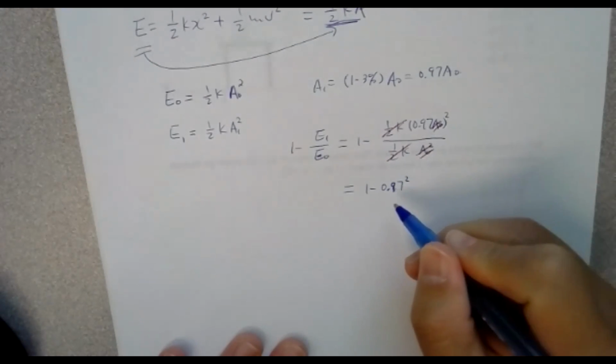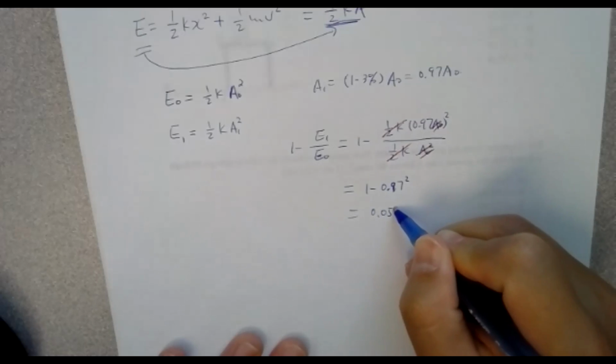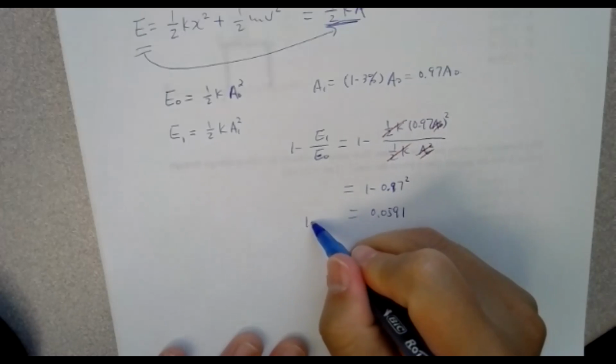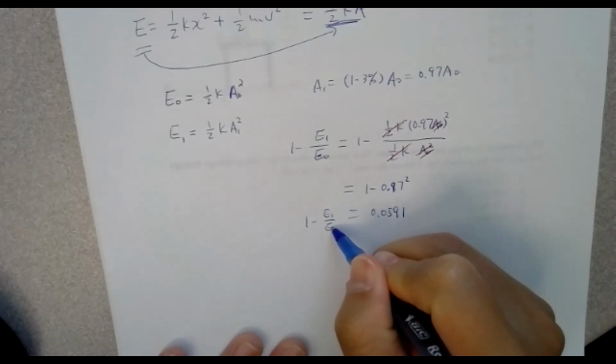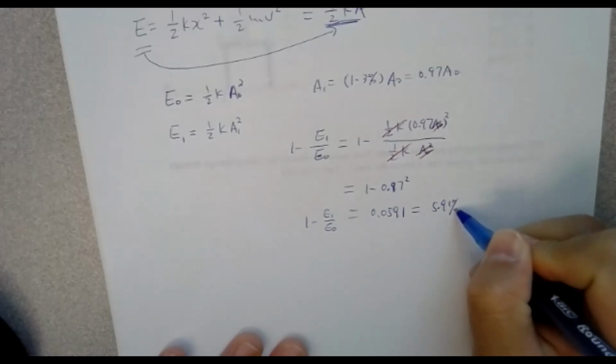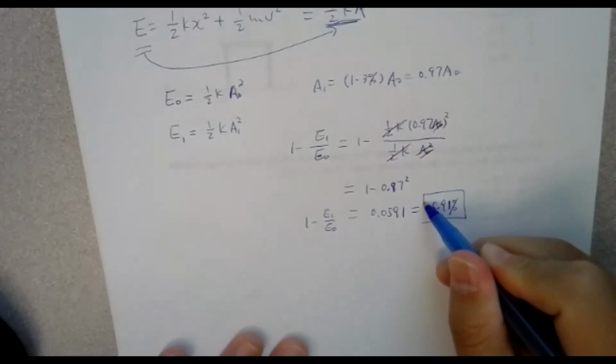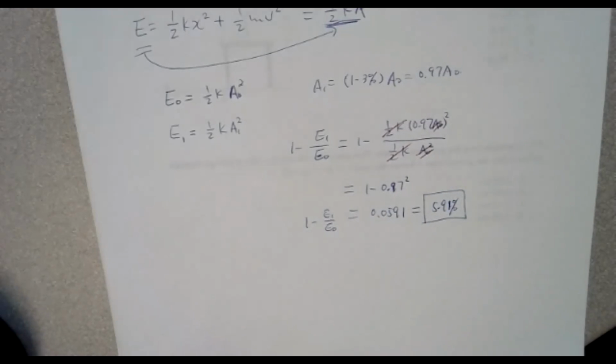Then it turns out this is 0.0591, and in percentage, this is 5.91%. So it's not exactly 6%, it's less than 6%. This will be your percentage lost.